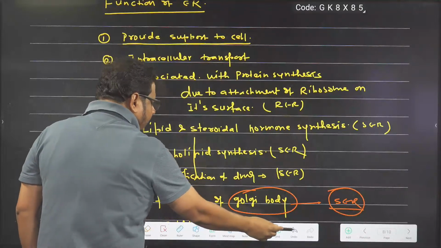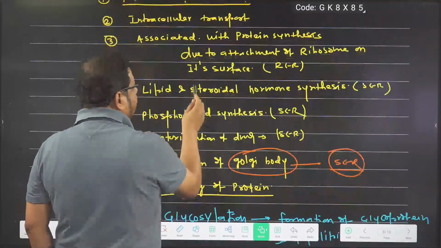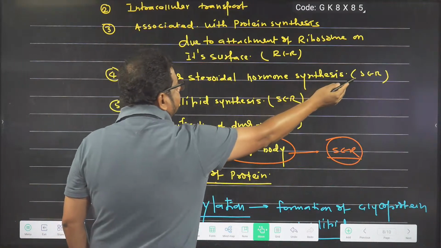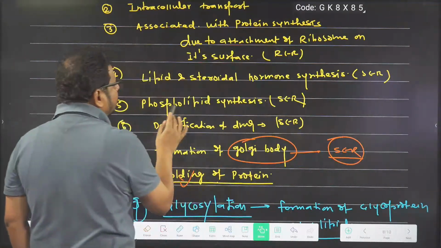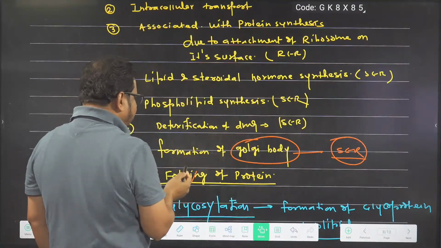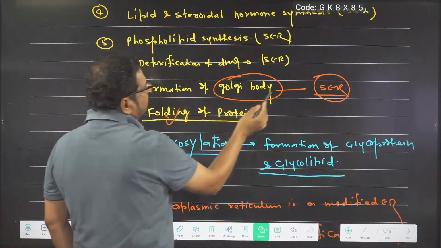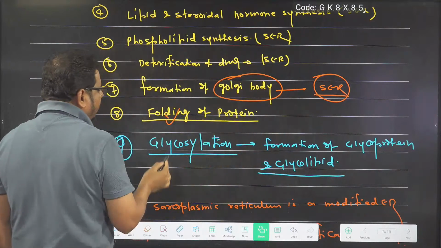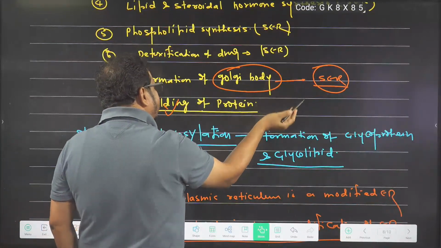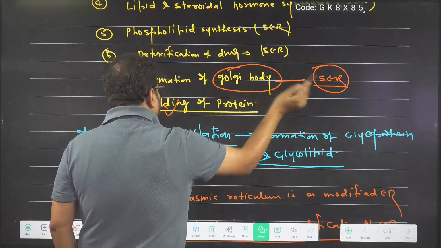It does lipid and steroidal hormone synthesis, phospholipid synthesis, detoxification of drugs, and formation of Golgi body, which are associated with SER. No one will ask, but if anybody asks to differentiate, go with RER or SER.